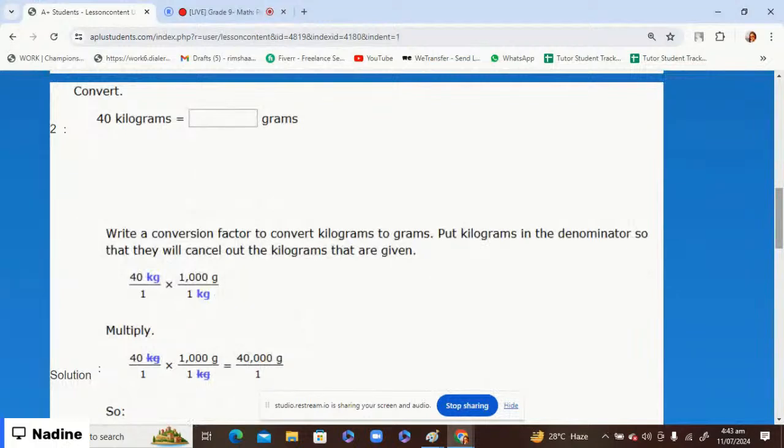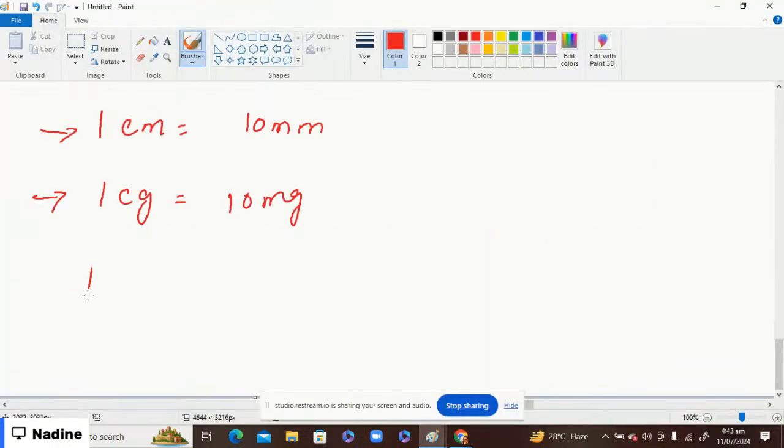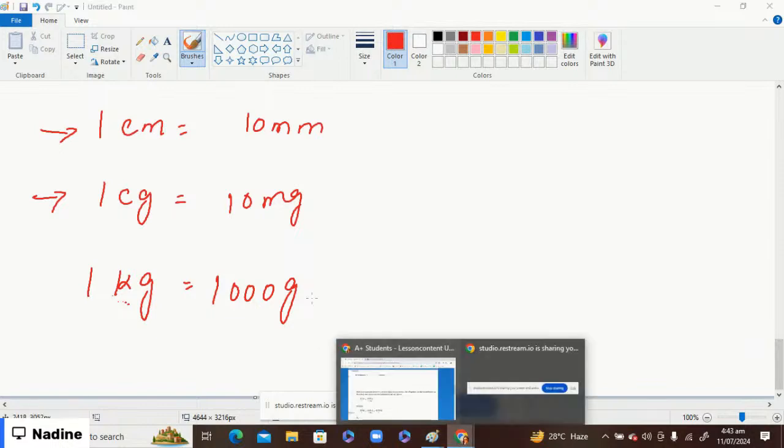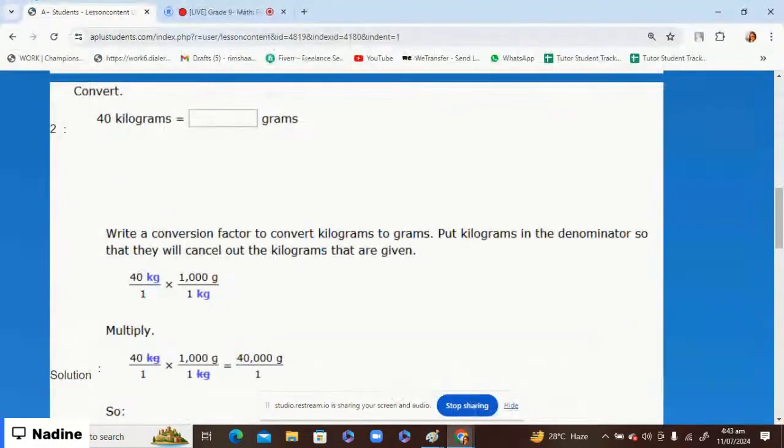For kilograms to grams, as we know, 1 kilogram, the k means 1000 grams. 1 kilogram is equal to 1000 grams. Just for example, here is 2 kilograms: multiply 2 by 1000 and convert it into grams, that becomes 2000 grams. This is the way to solve it.